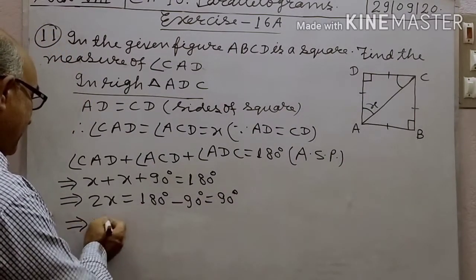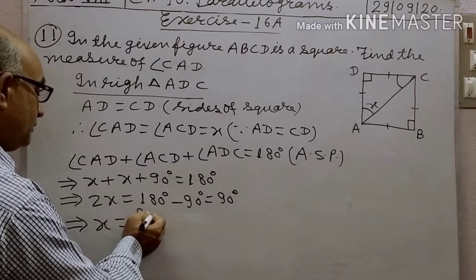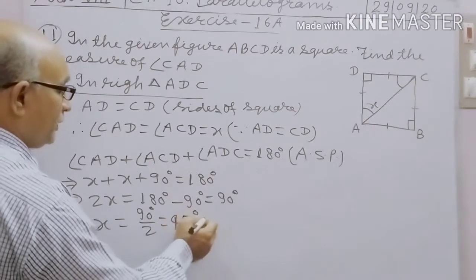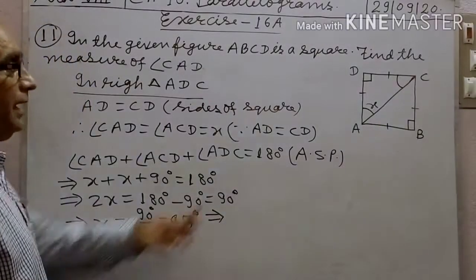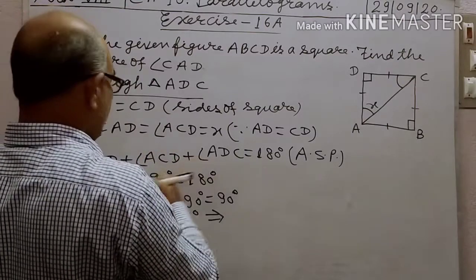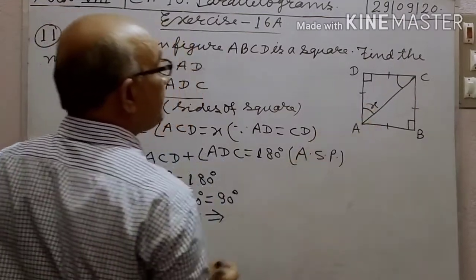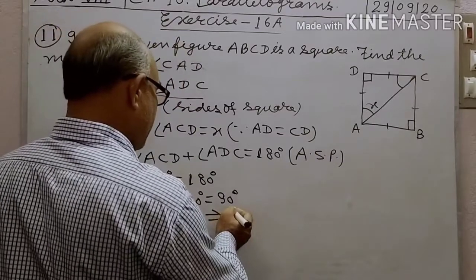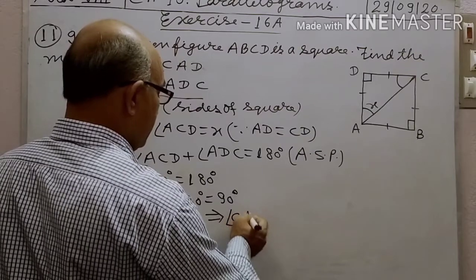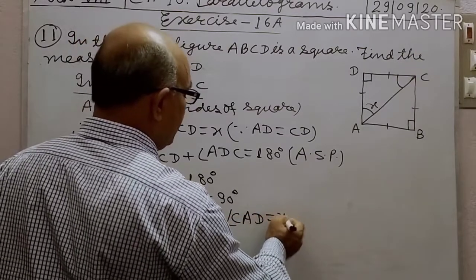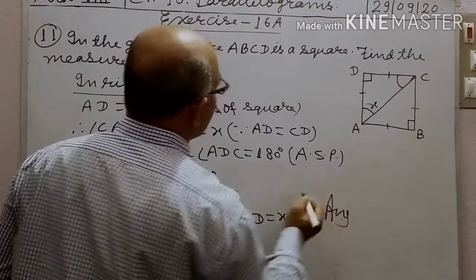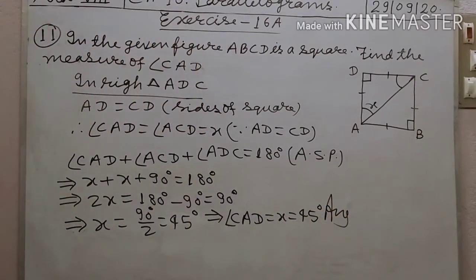That implies x equals 90 degrees by 2 equals 45 degrees. So angle CAD equals x equals 45 degrees. Answer. Understand and write it.